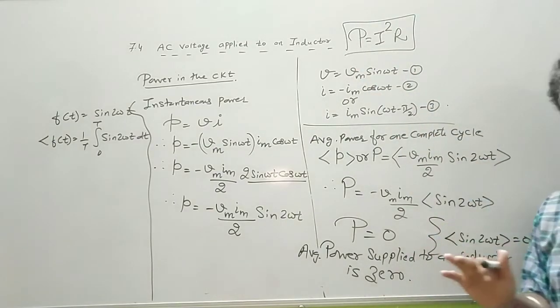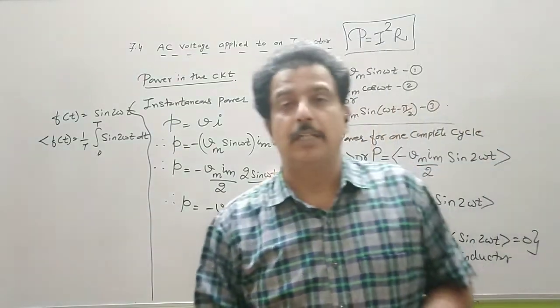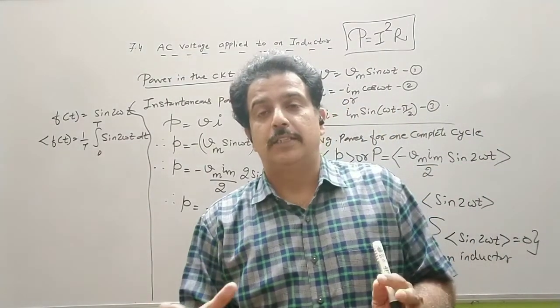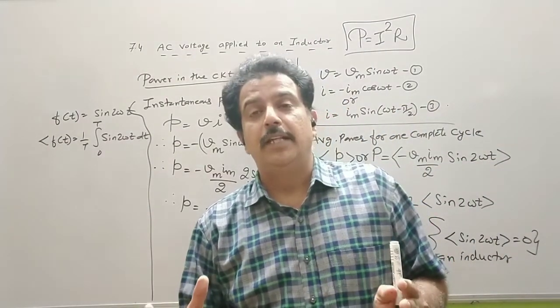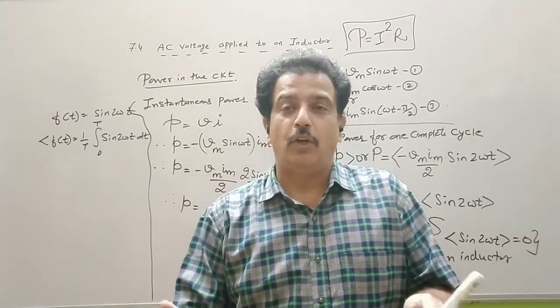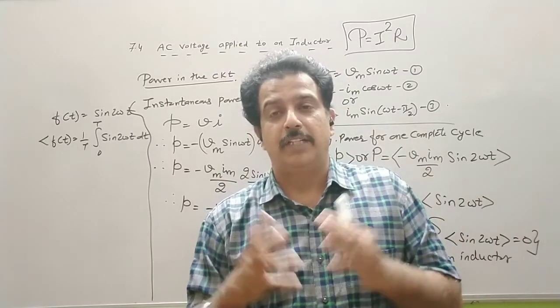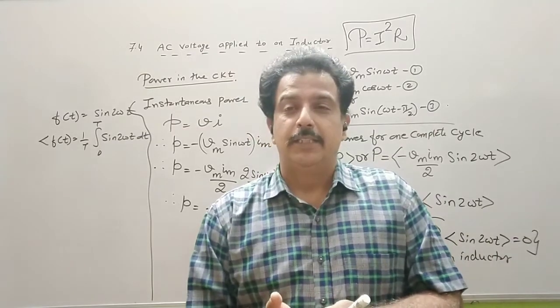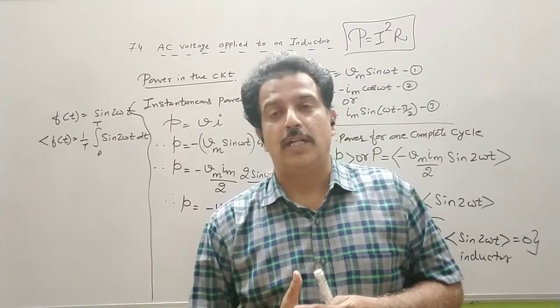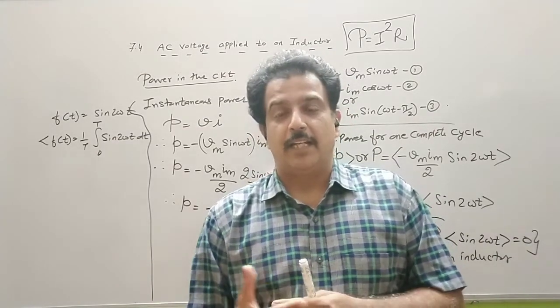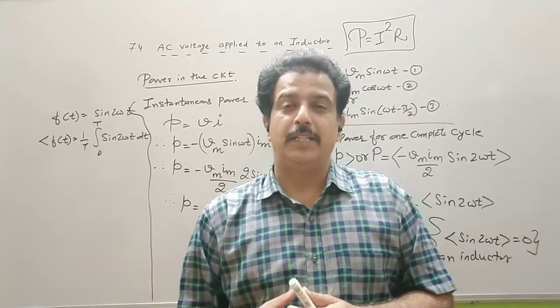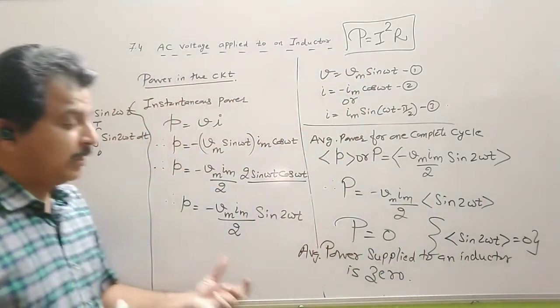So we will see that if it is an ideal inductor, the inductor will not dissipate the energy, it will not absorb the power. Whatever power is given to it, that power is returned back to us in the cycle. So we will see how the power comes out to be 0.